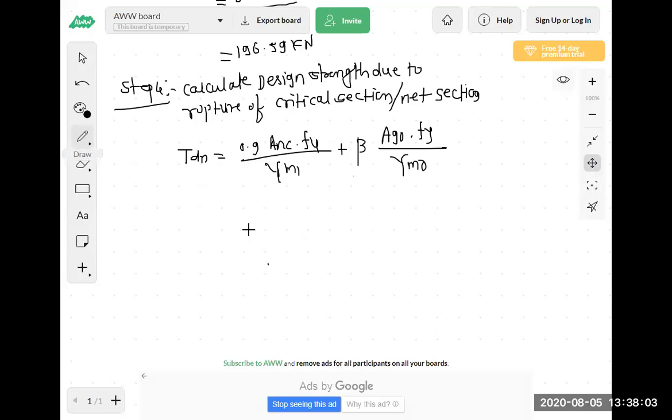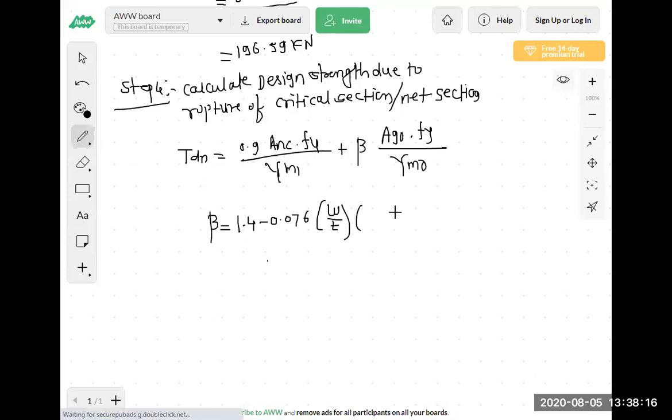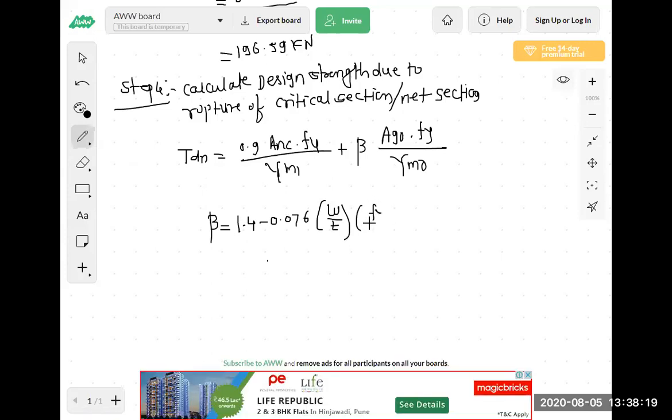So that is also given on page number 33 of the IS code. Beta is equal to 1.4 minus 0.076 into W by T into Fy upon Fu into Bs upon Lc, and it should be less than or equal to Fu into gamma M0 divided by Fy into gamma M1, and it should be again greater than or equal to 0.7.